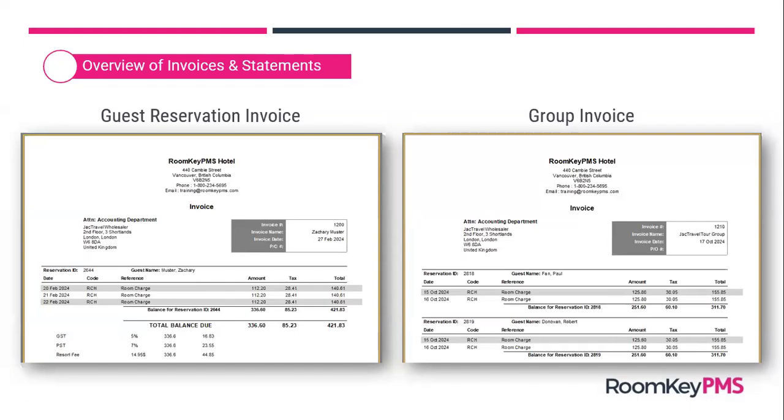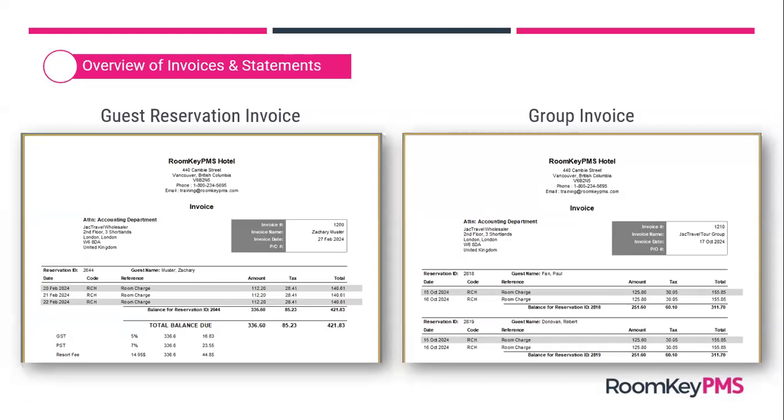But at the bottom of the group invoice, you will still have that tax breakdown, just like we saw on the guest reservation invoice. So you'll still have that total balance due for the invoice and this tax breakdown at the very end. Now, if you would like to know more information about creating and managing billing for a group with direct billing or city ledger billing, definitely check out our group webinar presentation.